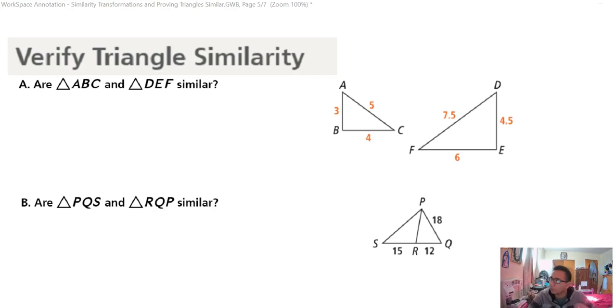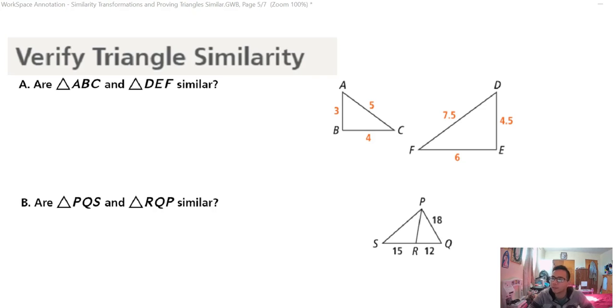Take note, there are some common errors also. When setting up a ratio to check if the triangles are similar, be sure you place the side from the same triangle in the same position in each ratio.